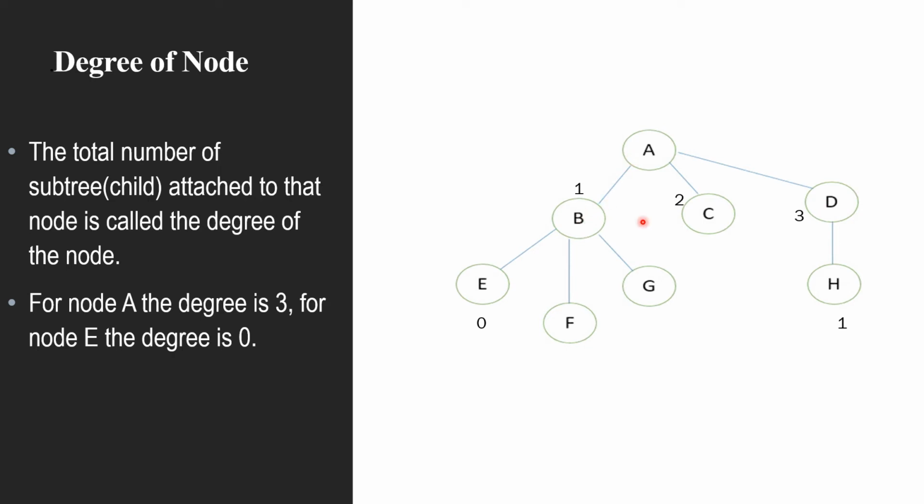So A has 3 children, and the degree of node A is 3. Now let us take D. D contains 1 child, and the degree of node D is 1. And take node E. E has no child, so the degree of E is 0. Clear?